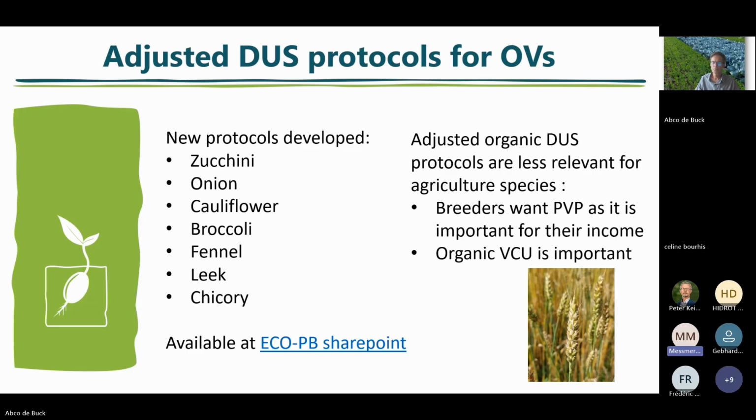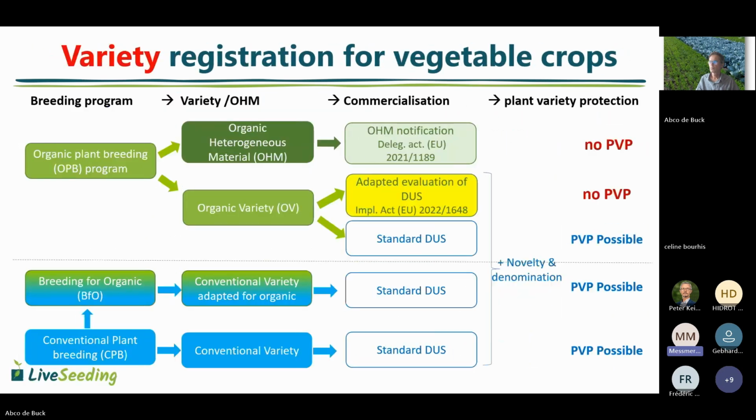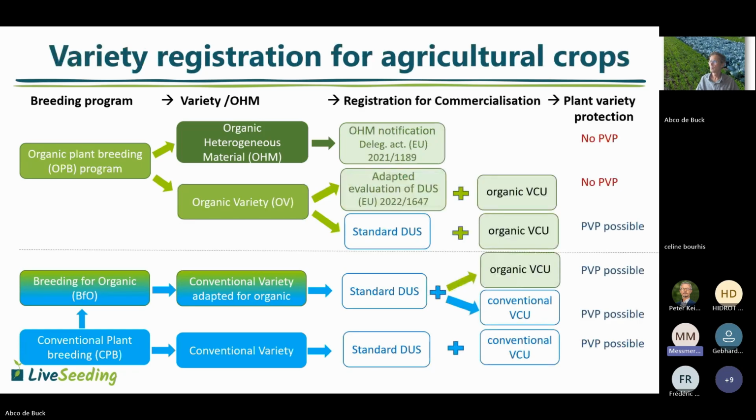And the biggest one was that at the beginning there was this insecurity that if I apply for an organic variety, I cannot get plant variety protection, which is important for a certain group of organic plant breeders.